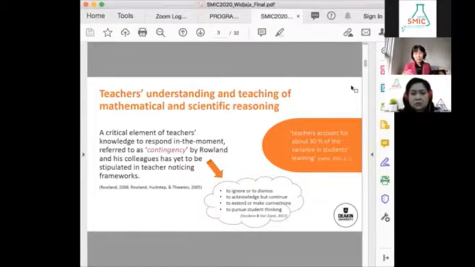So if they notice something like the contingency, for example, in Melinda's lesson, and she decided not to do anything, that would be a very different situation, and that will impact on the students' learning differently if, for example, the teacher decided to ignore the contingent moment that came up in that lesson. I hope that explained that.